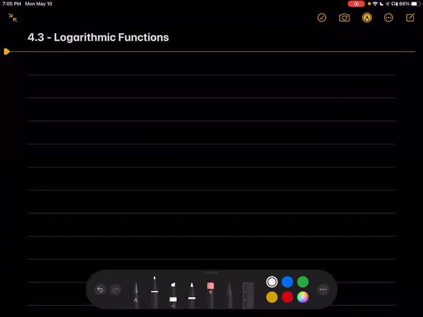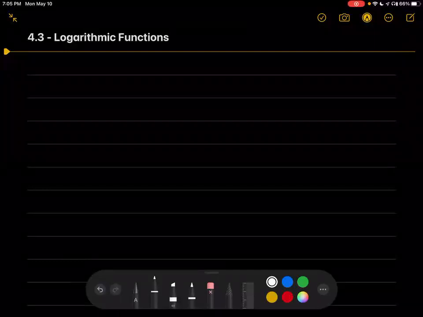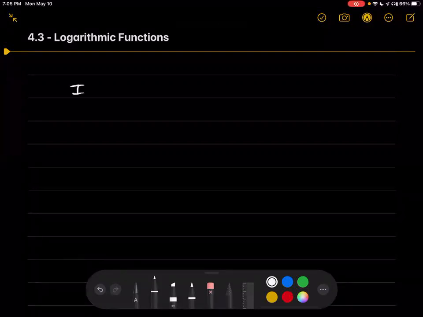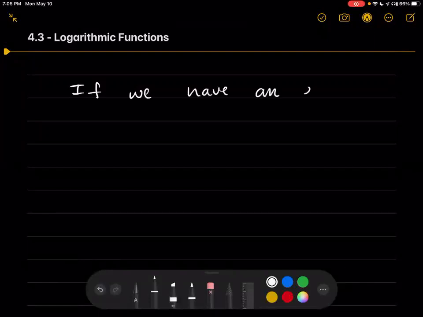So before we talk about logarithms, let's go back and talk about something we've already seen a little bit. Let's look at an exponential function again.